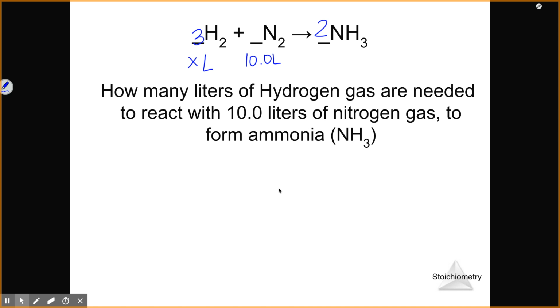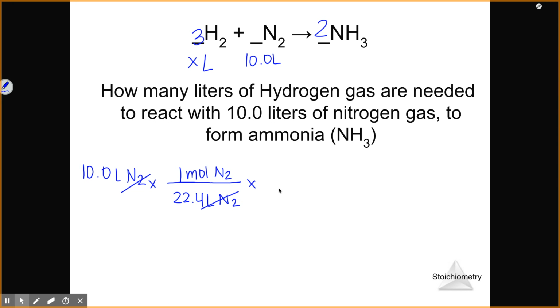So once I start my conversions, my first step is to get it to moles. So since I know nitrogen is a gas, and I'm going to assume STP, since I'm not given any other information, I'm going to use my 22.4 liters. And that's in every 1 mole of N2. So I canceled liters, and now I'm in moles.